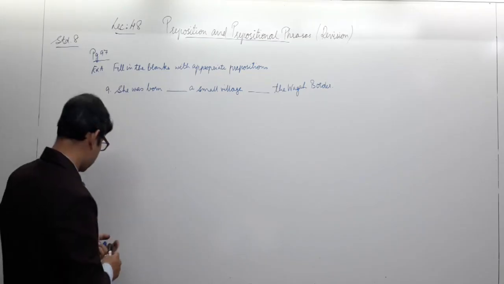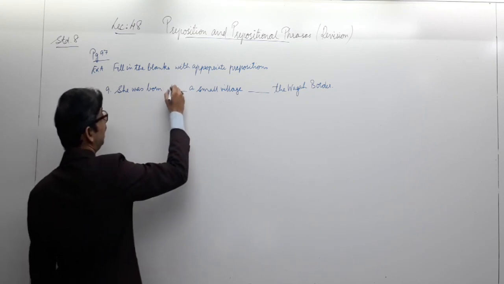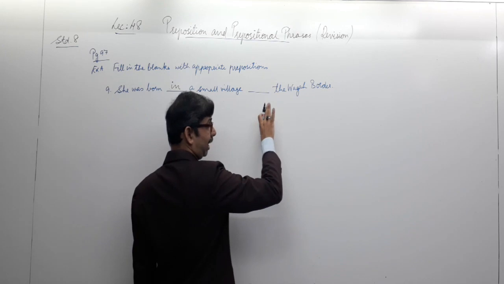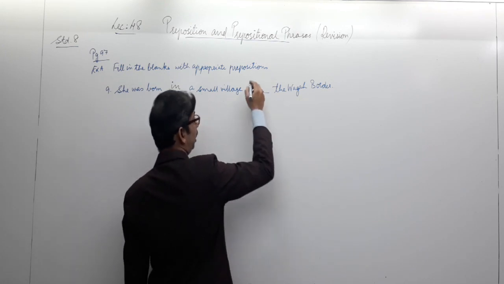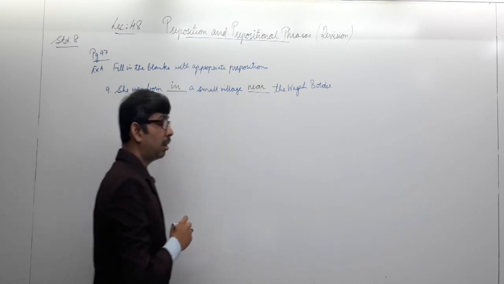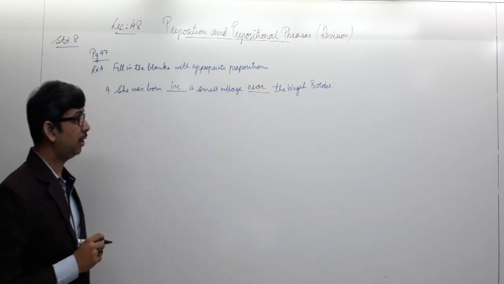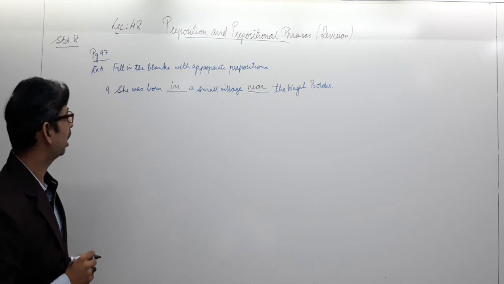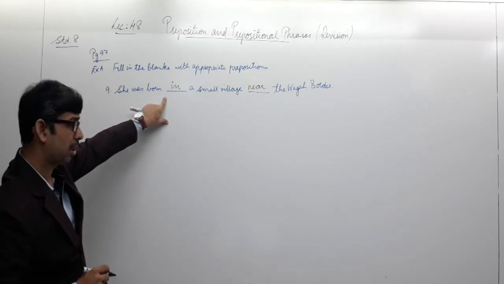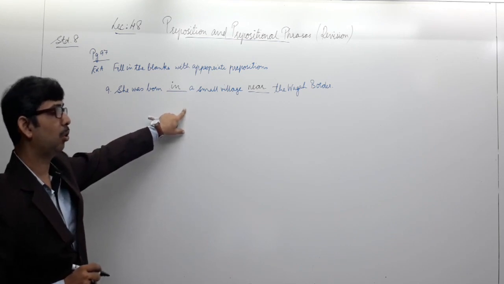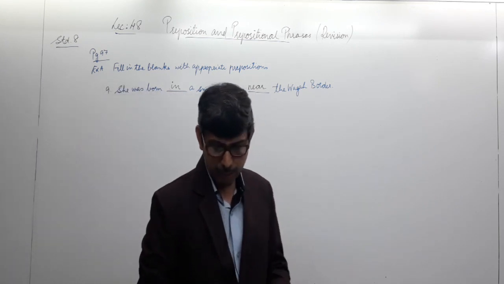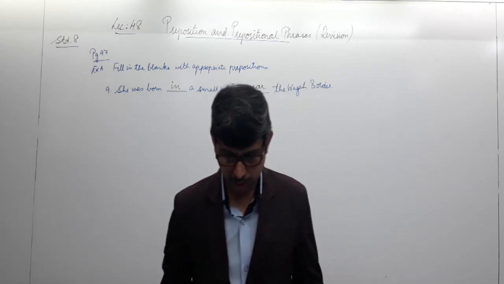We will insert the words in a small village and something that is close to that place. Here we are going to use a new preposition, near the Vaga border, and not in or at the Vaga border. She was born in a small village, and where is that small village? Located near the Vaga border. So in this manner we are going to write in and near over here.